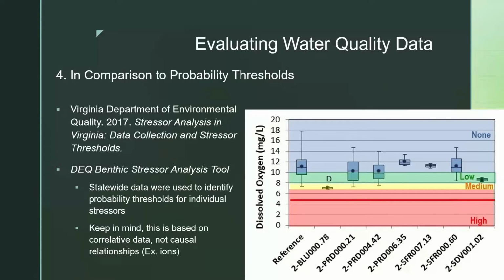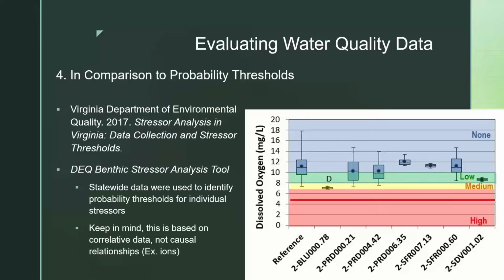Another great comparison is to compare values that we see at different sites with probability thresholds. DEQ did a great job of coming up with and publishing in 2017 the stressor analysis document, as well as the benthic stressor analysis tool that goes along with it.